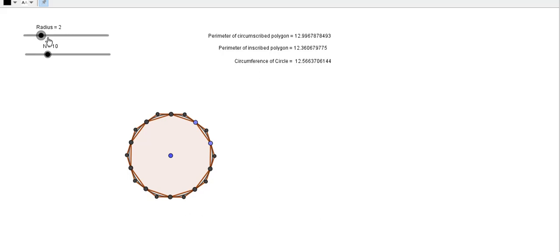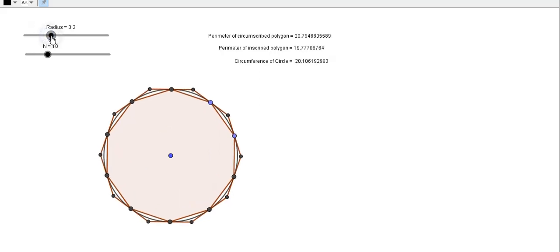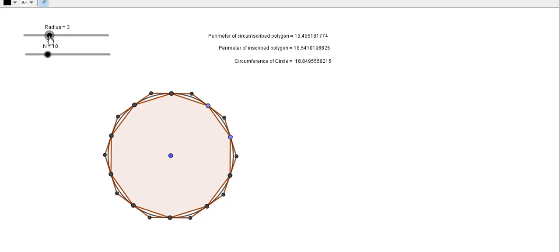And in fact, it's actually 4 pi. And with a radius of 3, it's 18.849555, and that's actually 6 pi. So just fill out the observation chart corresponding to these values.